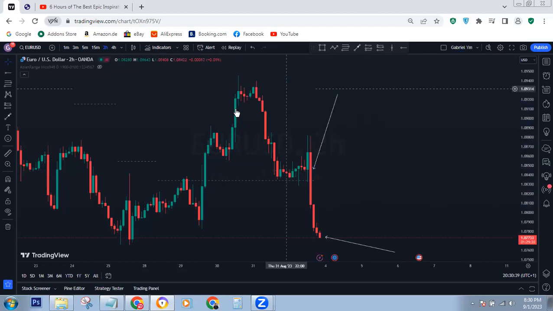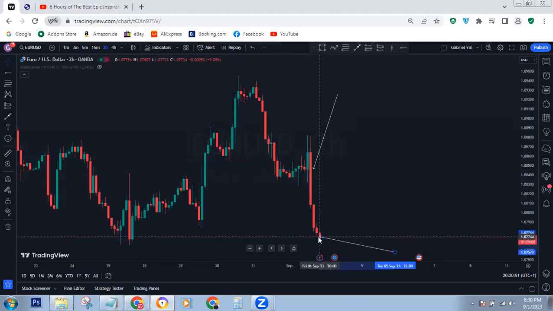That means the time frame that I am on now is the 2 hours time frame. What does this tell me? It means that this candle took 2 hours to form. After 2 hours, this candle will stop forming.